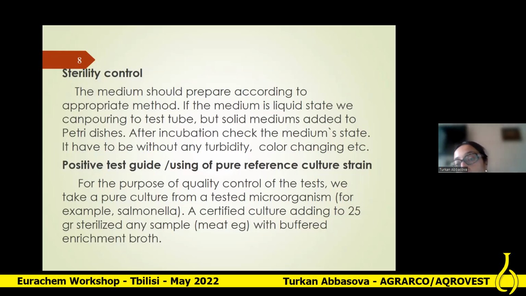Positive test guide. The positive test guide uses the reference materials. In our laboratory, these methods are used for new personnel. When we get new personnel, for their acquaintance with, I don't know, pathogenic microorganisms, we demonstrate the shape and the color of this culture to the new persons, so that in the future they have to interpret it and determine the correct target cultures.